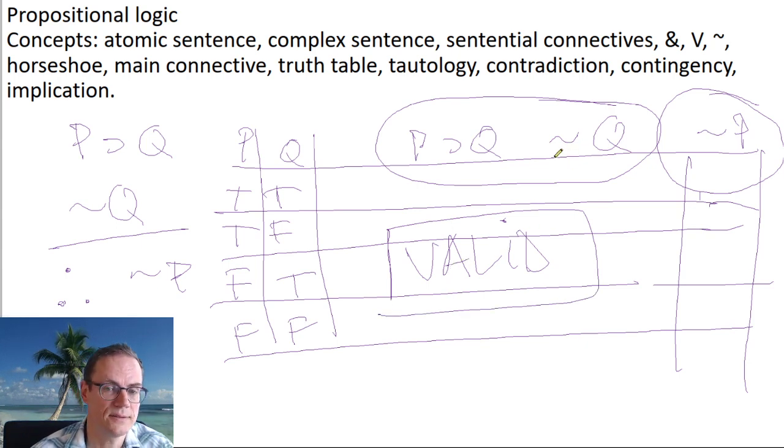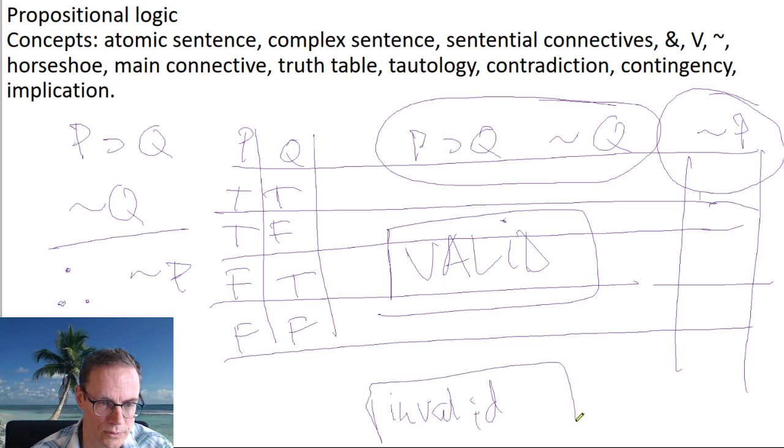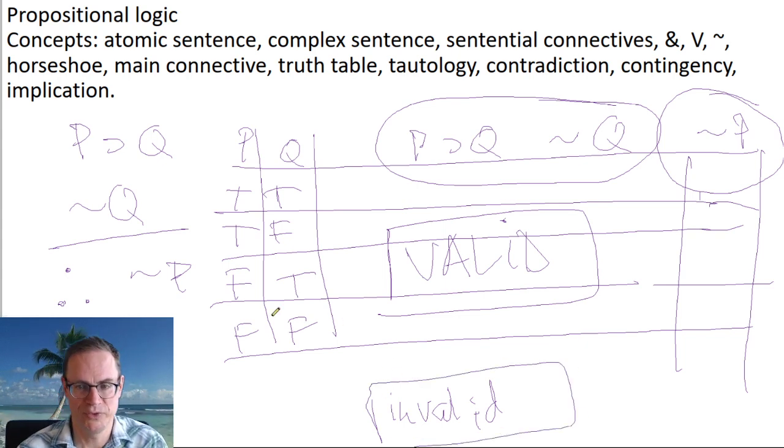But if there is a line where P horseshoe Q is true, and where not Q is true, and not P is nevertheless false, if it's possible for the premises to be true and the conclusion false, then it's invalid. Okay? So this is how logic connects up with the notion of validity, which we covered when we analyzed arguments.